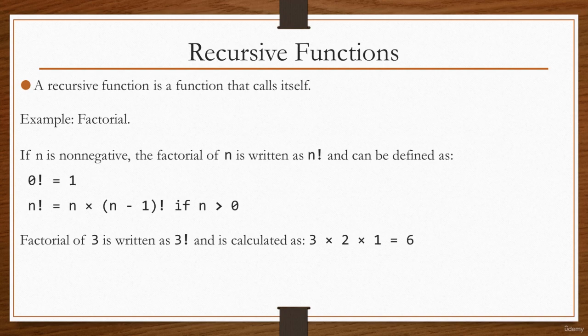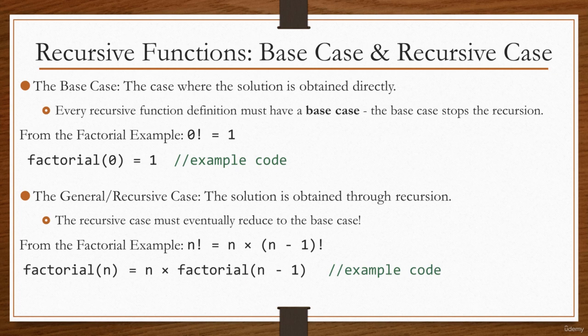You'll see that is also a factorial calculation, and that is where the recursion comes in, because you're going to calculate that, and within that calculation you may have another factorial calculation. I have an example of what I mean at the bottom here. Factorial of 3 is written as 3! and is calculated as 3 times 2 times 1, and that will give you 6.